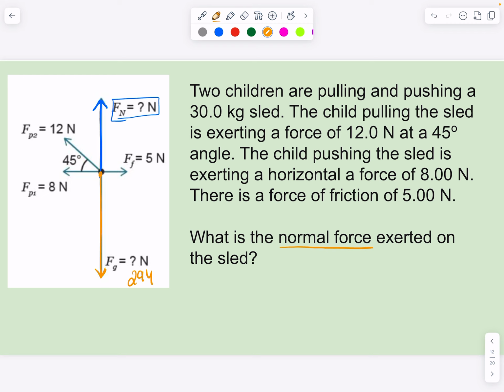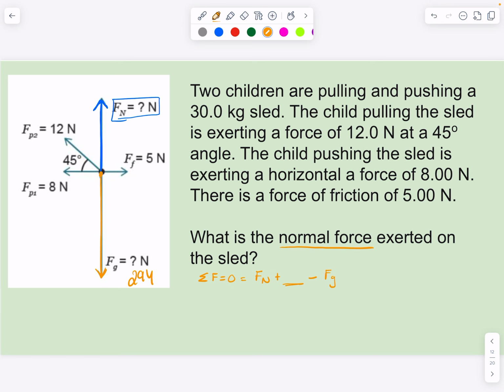Essentially, what we want to say is that the net force in the vertical direction is going to be balanced. It's going to be equal to 0, meaning that when I take the normal force, and I add to it another value, which we'll talk about in a second, and subtract from it the Fg, I should be at 0.